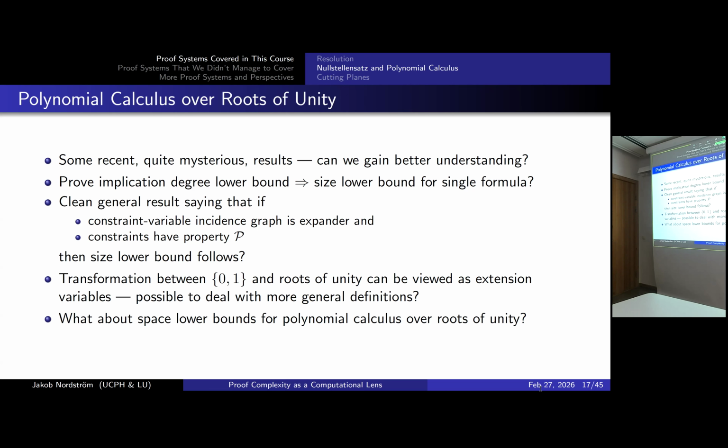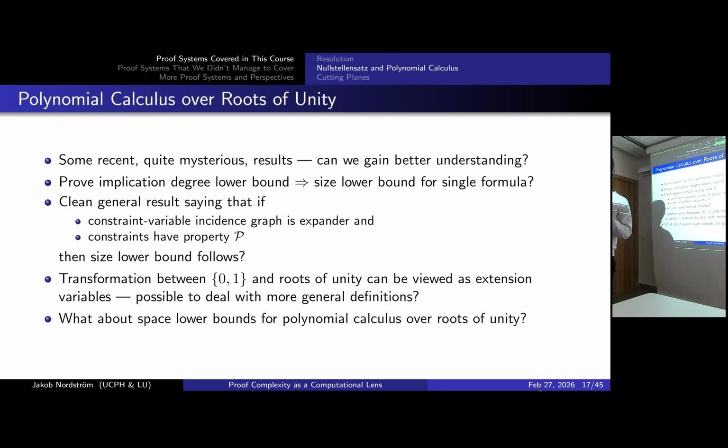So this is a way of equipping polynomial calculus with a limited power to introduce extension variables. And we know in general, and we'll remind ourselves after the break probably, that extension variables in general are extremely powerful, but here we're just getting a limited amount of extensions, and can still prove lower bounds.